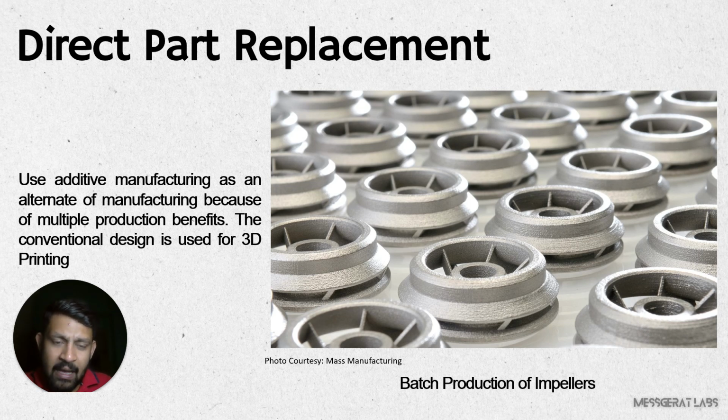In this case, the mold manufacturing itself takes 1 to 2 months. Now imagine these impellers being part of an industry where the supply chain is very critical, and worn out or damaged parts have to be replaced in no time. Then they cannot wait 1 or 2 months. Whereas for 3D printing, since there is no tooling required, these impellers can be produced in hardly 6 to 7 days and delivered to the actual site of operation. So that is the advantage of direct part replacement.